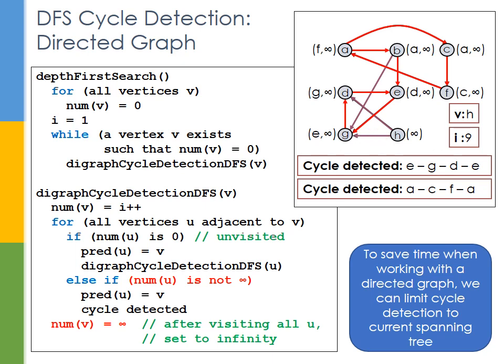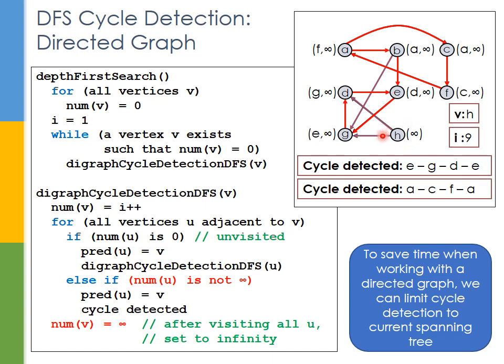Now, we see first of all then vertex D has a number which is infinity, so it is neither 0 nor a non-infinity value. In other words, it's a vertex that is within the current spanning tree, so we ignore that vertex. And the same happens for vertex G, which also has a number value which is set to infinity.